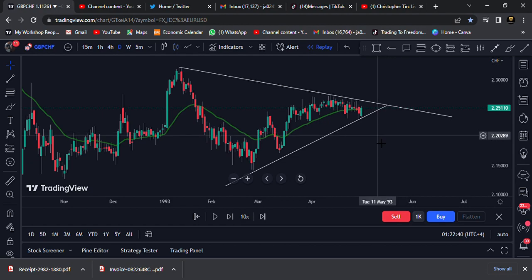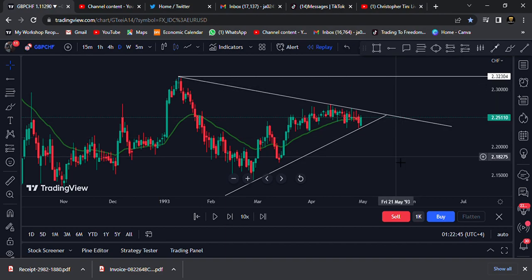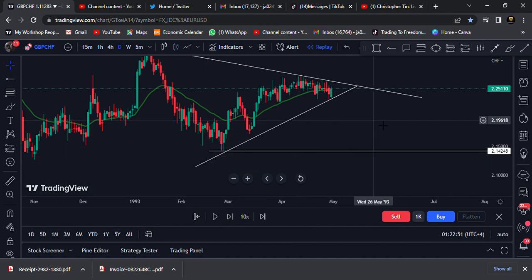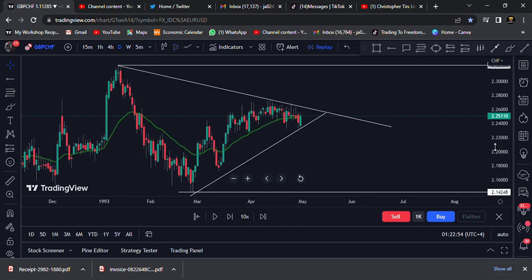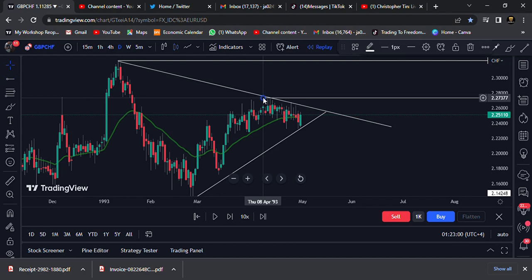So then we go for the key levels. This is one key level here. This is another one here. So bringing it right down, this is the first key level.